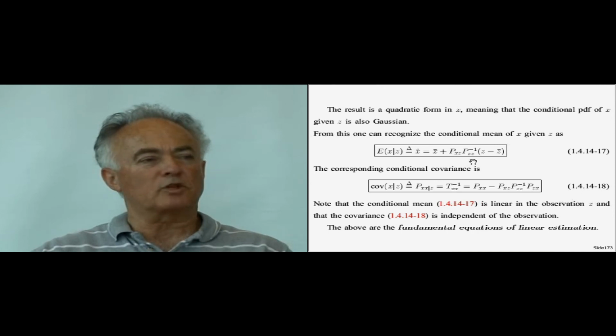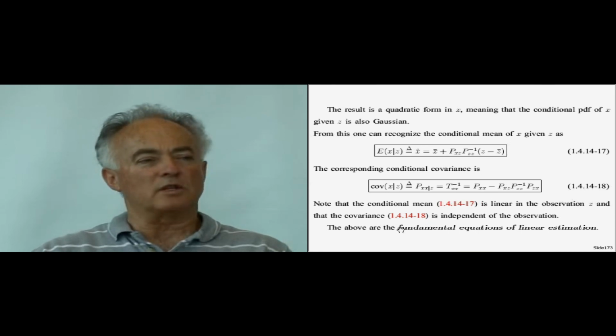The first observation is that the conditional mean we have here is linear in the observation z. So we have the unconditional mean, and to this we add a linear function of z.